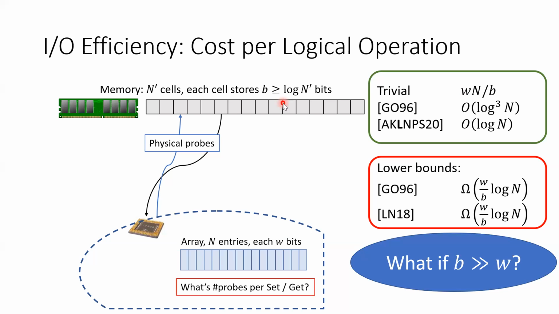A standard example is sorting: when the memory size B is greater, algorithms like sorting or binary search trees can really use the cell size to improve their IO efficiency. So it's really tempting to say maybe there is a way to get better IO efficiency also for this ORAM problem.